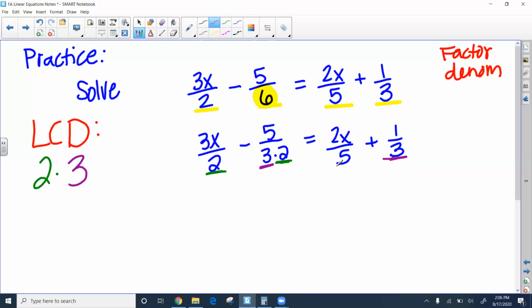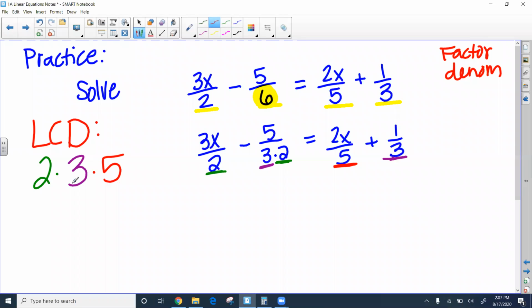And then there's this other factor of 5. I have to include that as well. So instead of using all the factors, I only have to use the 2 once and the 3 once, and then I also have to include the 5. So my LCD is 2 times 3 times 5, or in other words, 30.